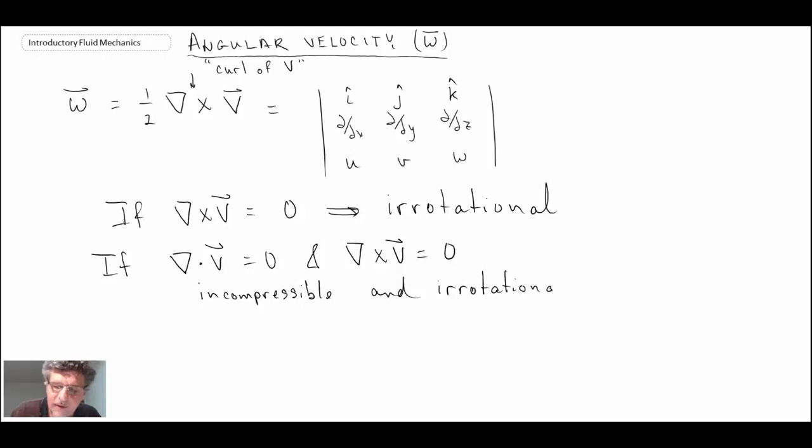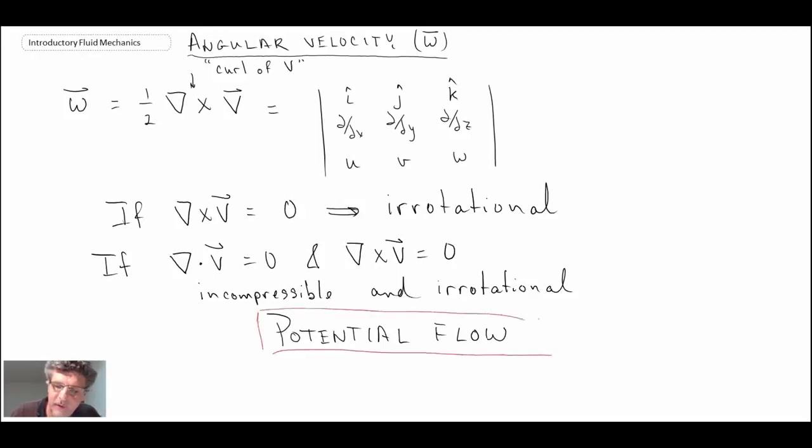That is a special subset of fluid mechanics that we refer to as potential flow. We will be looking at that later in this course. You can do some interesting things with potential flow, but it only applies if we have these two requirements, del dot v equals 0 and del cross v equals 0.